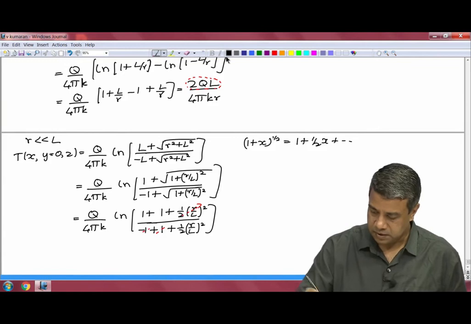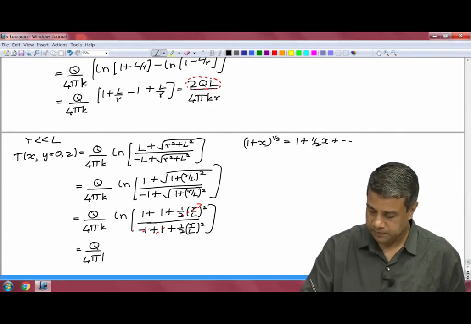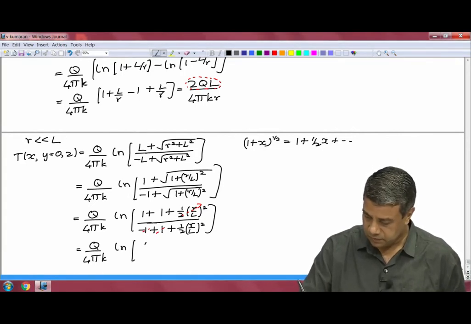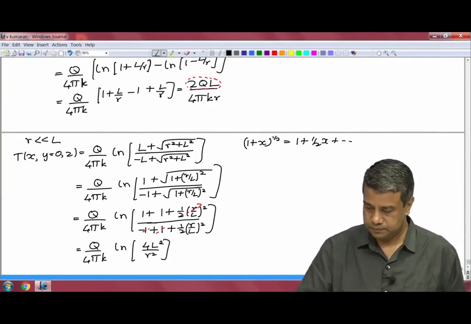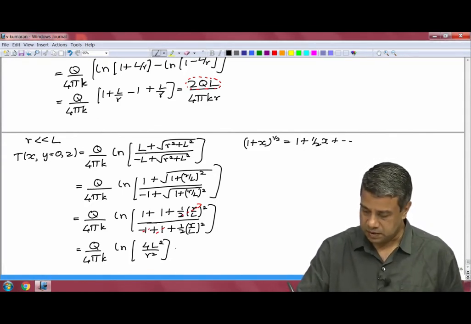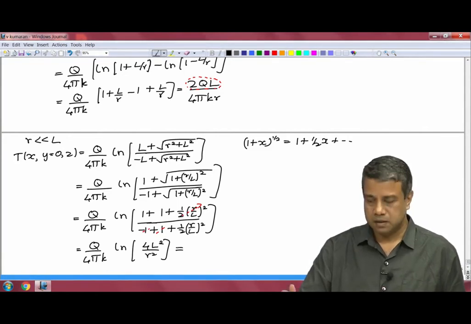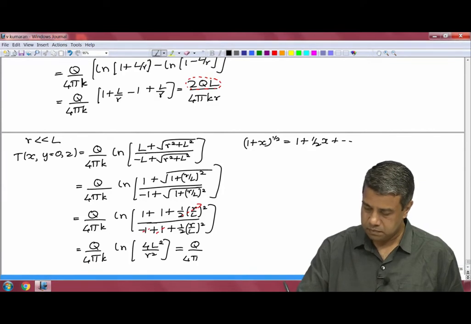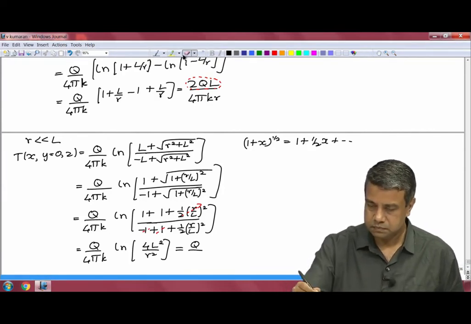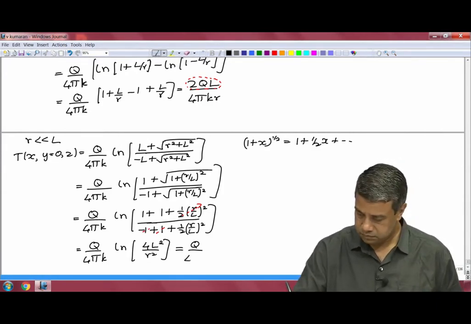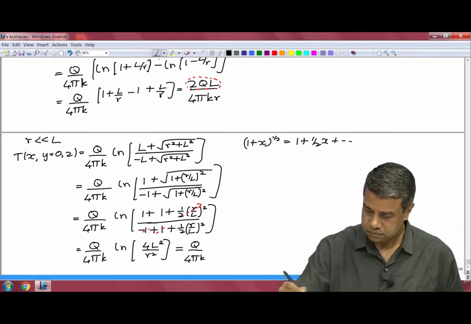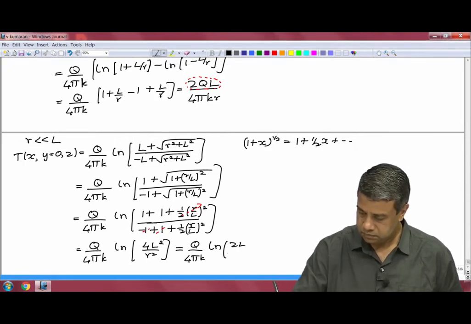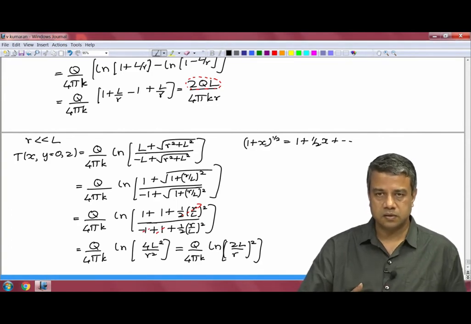So, I will get q by 4 pi k, the natural logarithm of 4 L square by R square, which I can write as... natural logarithm of x square is 2 times log of x.